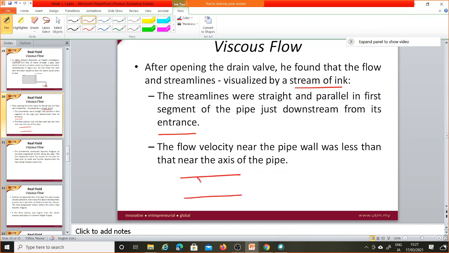You know that along the center line the velocity is maximum, and close to the wall the velocity is minimum. So here near the wall the velocity is less, and if you go close to the center line, you will have more velocity.